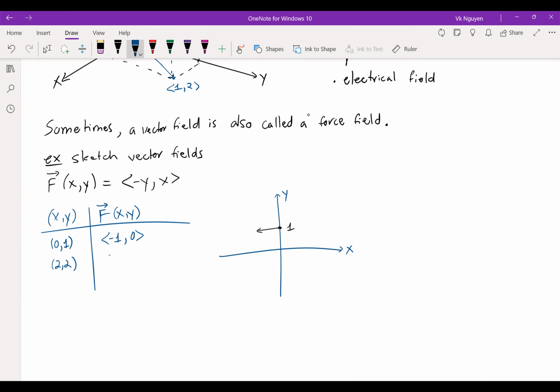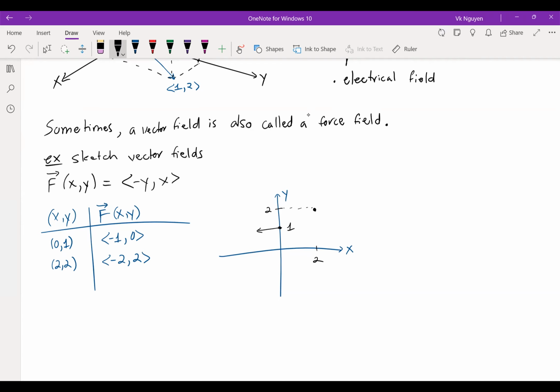So you get an idea. -2, 2. Okay, so 2, 2. Well, most of you know how to sketch that thing, right? You just have to make a box and then you just draw the arrow as the diagonal line in that box.